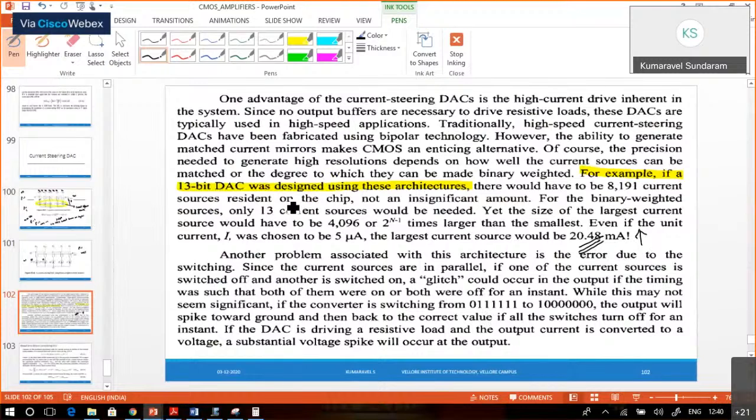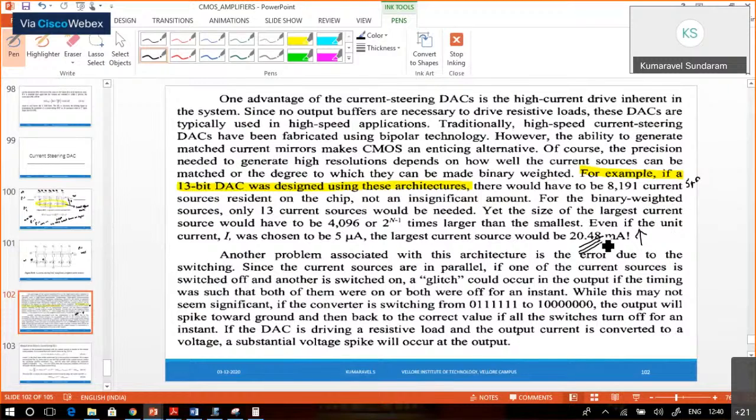If you go with the unary or thermometer code, with I as 5 microamperes, all the 8192 current sources will have only 5 microamperes of current. Do you understand? Fine.